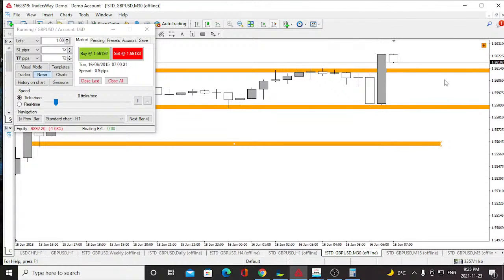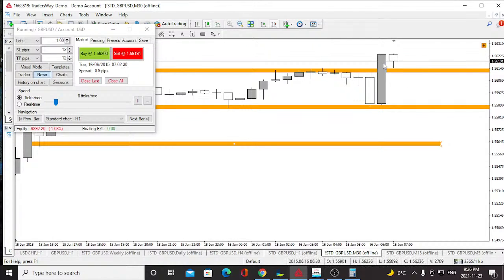I think I have to make that a new, not necessarily a rule, but something to look out for: close 80% of the trade at 10 pips, or if brand new 1 hour and no wick, because wicks help solidify things.